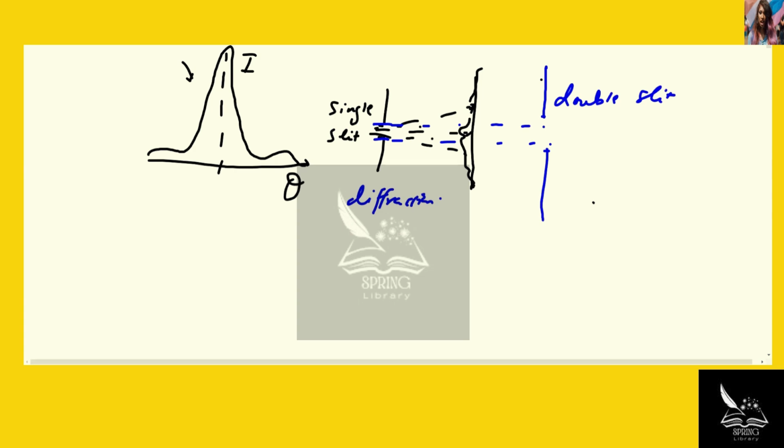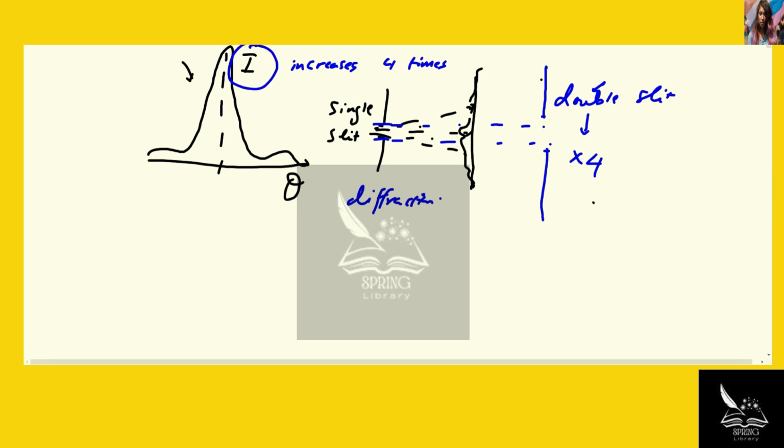The doubling of the slit increases the intensity 4 times. So this intensity right here increases 4 times if the slit is doubled.